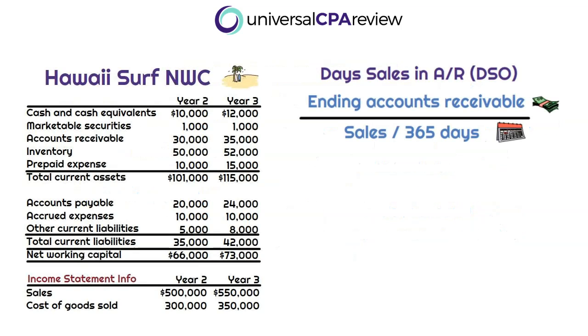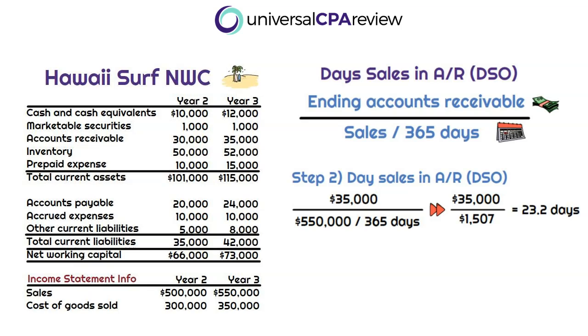So our formula for days sales in AR was ending accounts receivable. Notice we're taking the ending balance sheet amount, and then we would divide by daily sales, which is just sales divided by 365 days. So going back to Hawaii Surf, if we wanted to calculate the days sales in AR as of year 3, well, our ending AR balance is $35,000, so that's on the numerator.